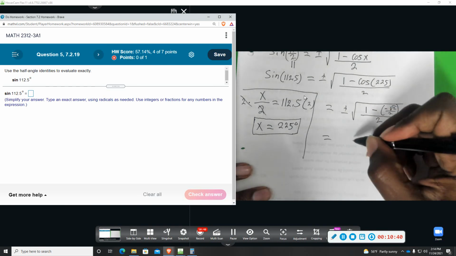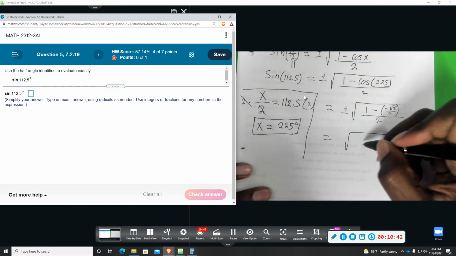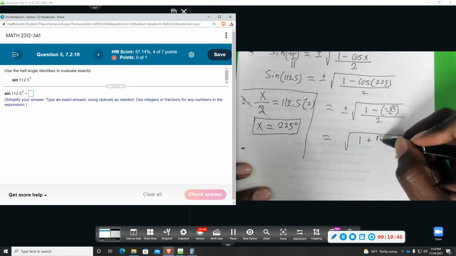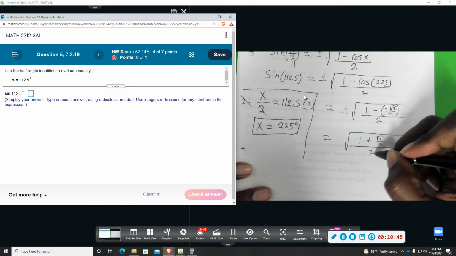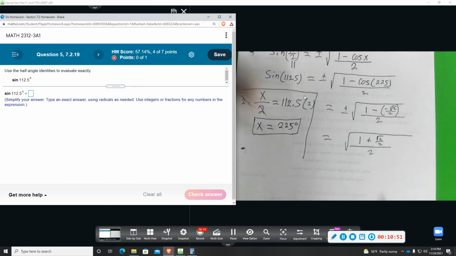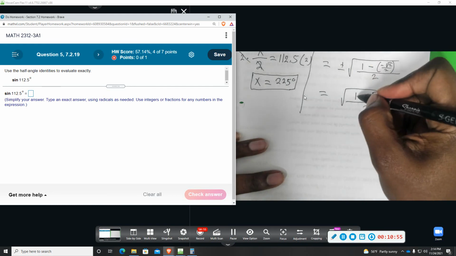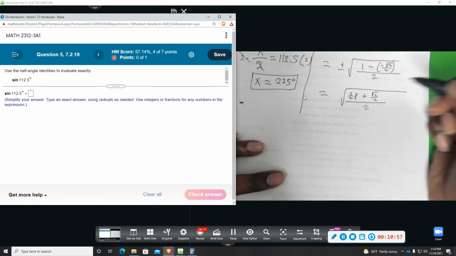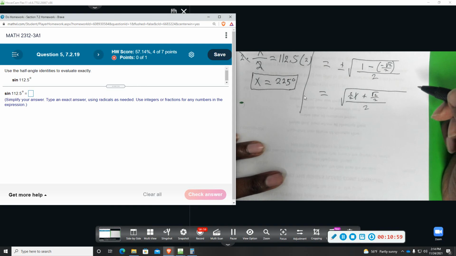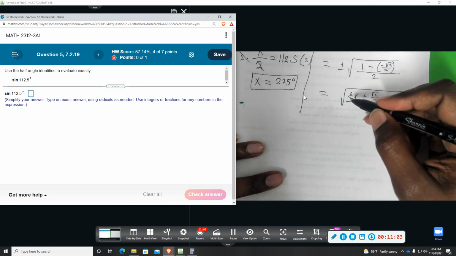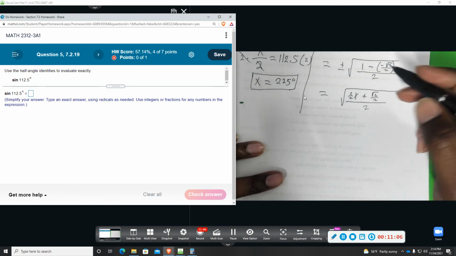So on the top, you can see it's looking the same. We have 1, this will be plus square root of 2 over 2, all divided by 2. And then you will get a common denominator, so right there says 2 over 2. I think we can do it inside first.